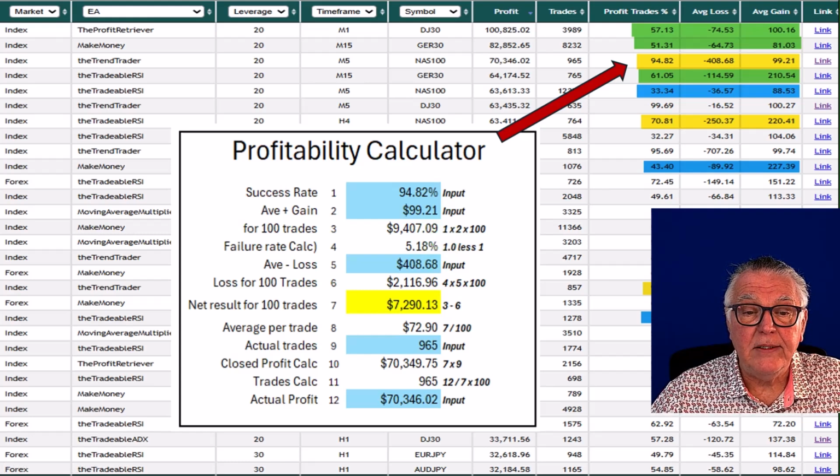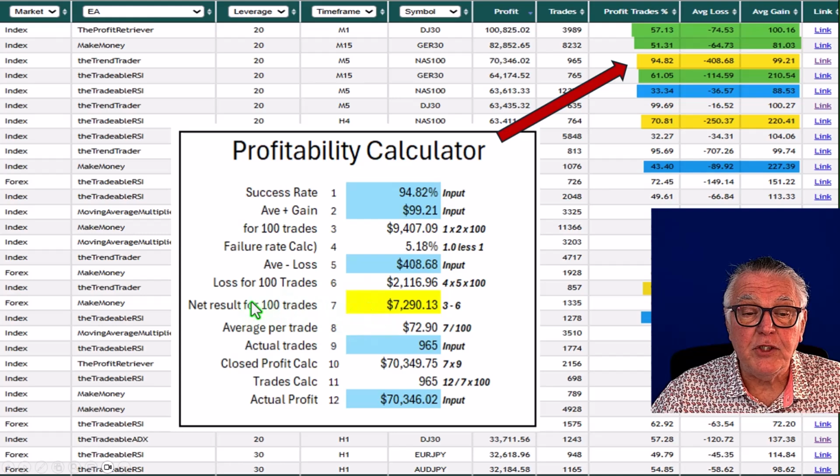For every 100 trades will make $9,000. Then we look at the failure rate, which is basically the difference between the success rate and 100% success rate, and that is 5%. You multiply that with the losses that are being made, and you get that the total losses, if you traded 100 trades, would be that amount.